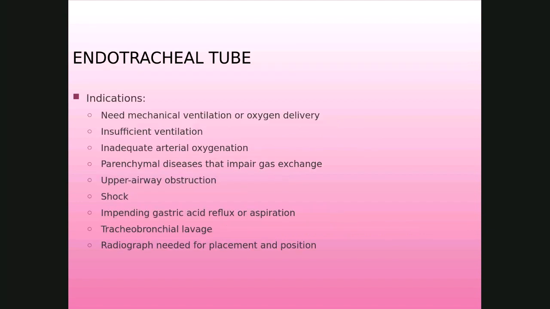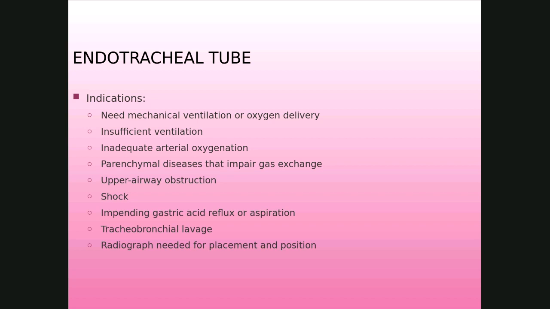There are different indications for respiratory issues, all of those listed there. They might need mechanical ventilation, they're not having sufficient ventilation, they have parenchymal disease that impairs gas exchange, or an upper airway obstruction. They might be going into shock, have impending gastric acid reflux, or they've aspirated something.